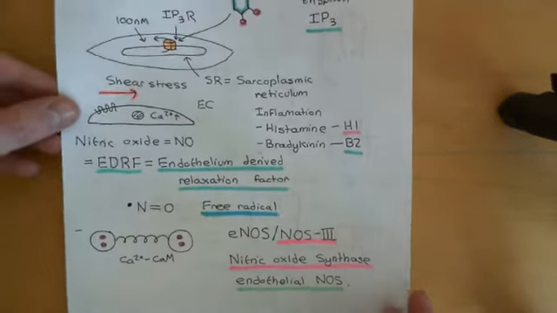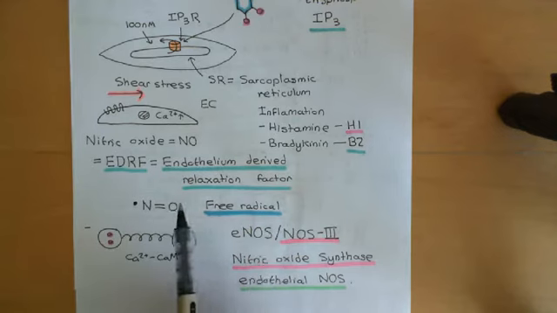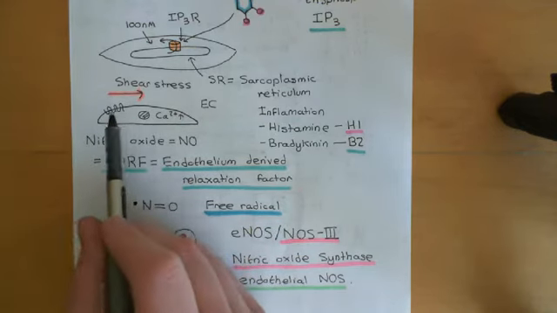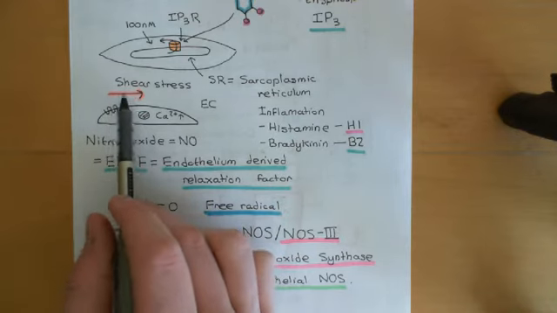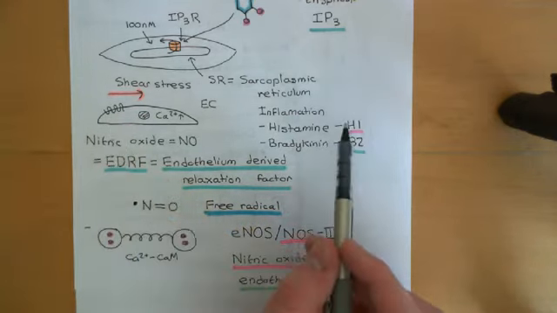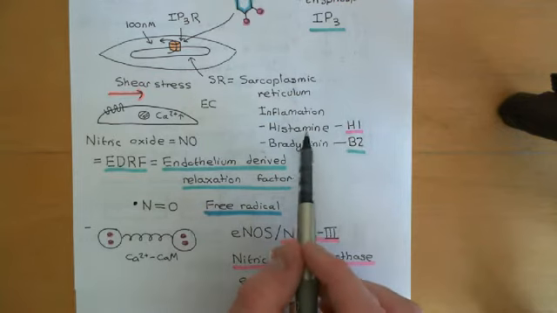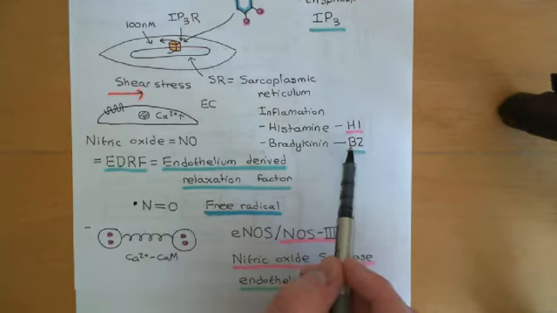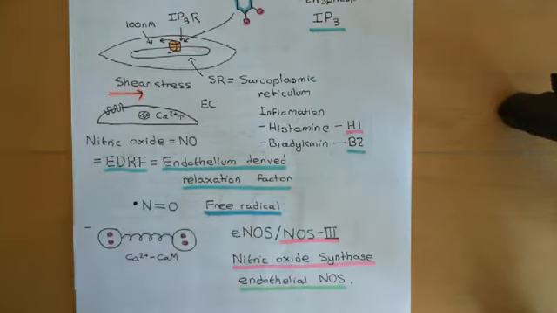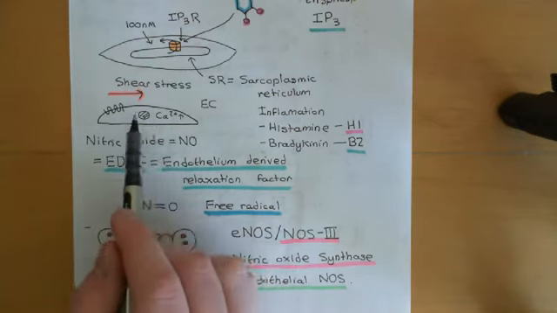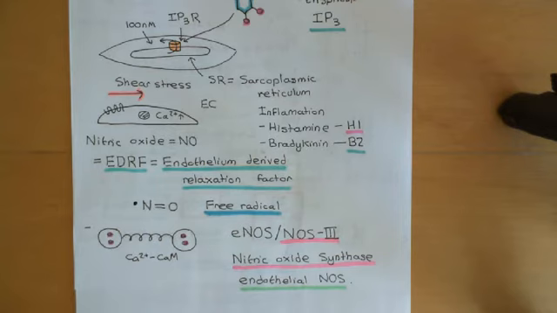So going back to this picture here, remember we start off with calcium signals in the endothelial cells that are triggered by shear stress in normal physiology, okay, but in inflammation, certain inflammatory mediators such as histamine or bradykinin acting on G protein coupled receptors which are coupled to the GQ pathway can cause calcium mobilization from the ER in these endothelial cells, which then also causes a calcium signal.